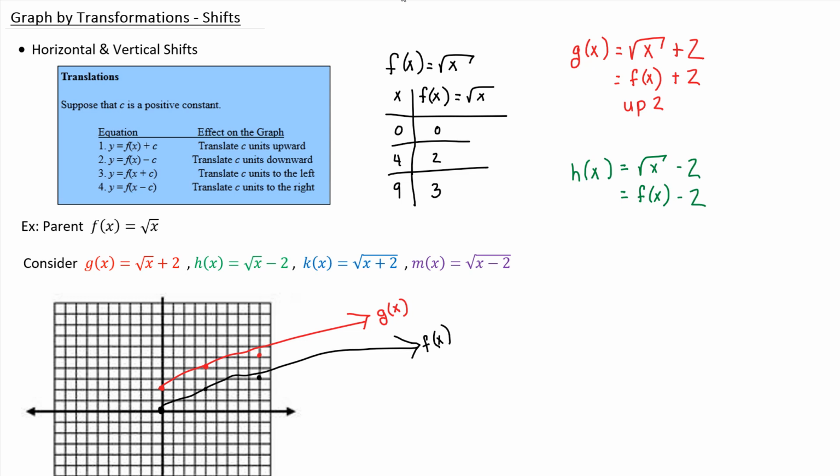Again, that's a vertical concept if you're adding or subtracting to the y values, and since it's minus, it's going to be down 2 units. Whatever our parent function was, in black, we take all of those points, even the ones that aren't labeled, and they're all shifting down 2 units. That gives us our graph of h of x.